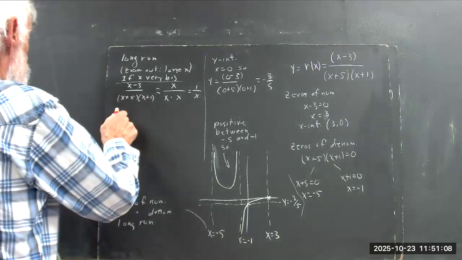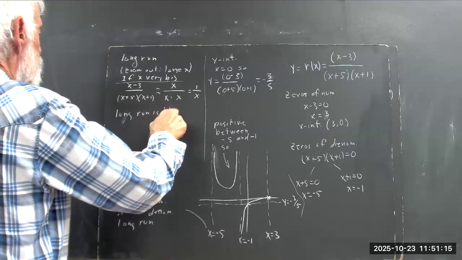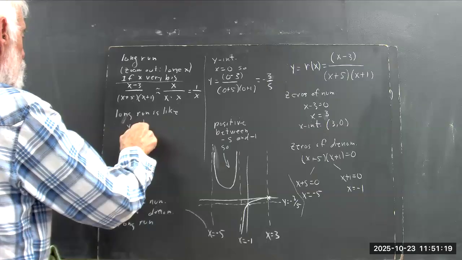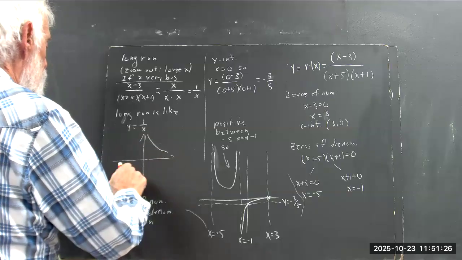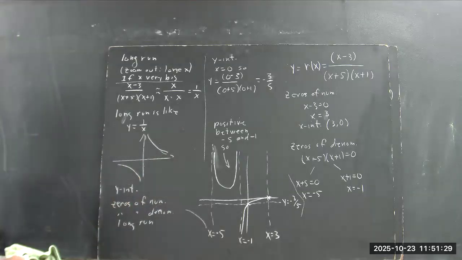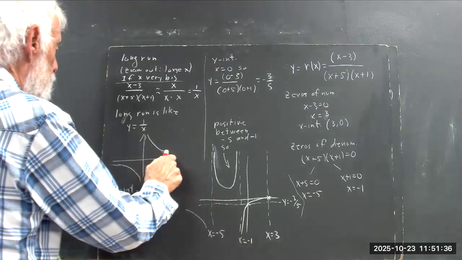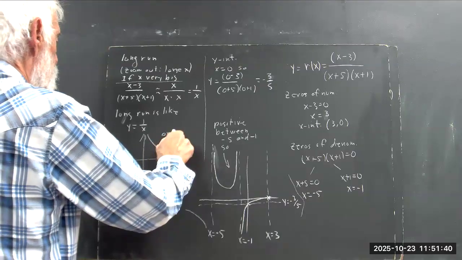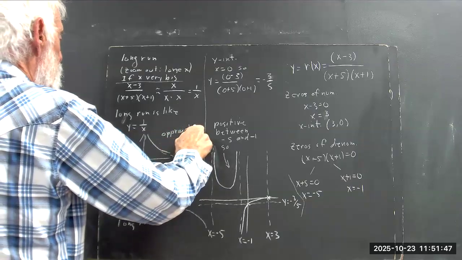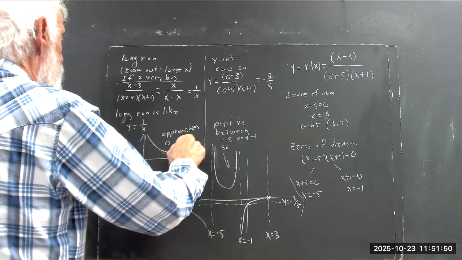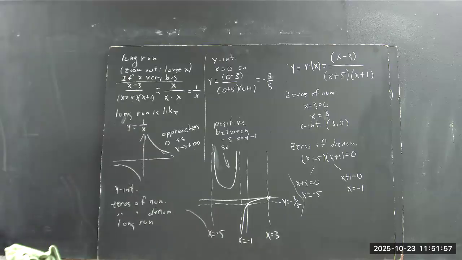So long run behavior, if you zoom out, it has this behavior, particularly as you, well, this approaches 0 as x approaches plus infinity.